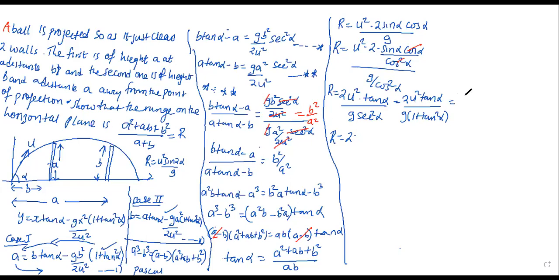This is the same as tan alpha is over g sec squared alpha over 2u squared. Can I hear a yes?